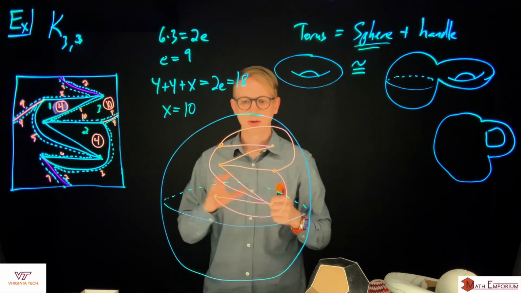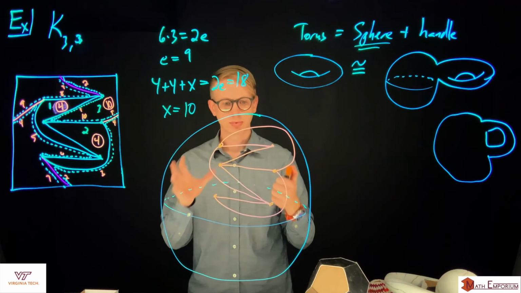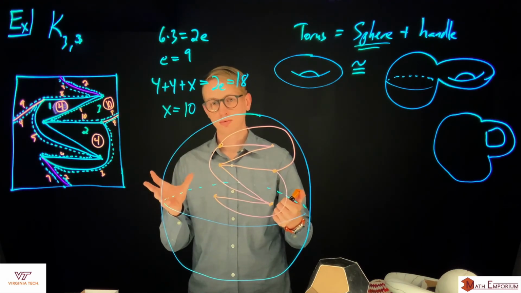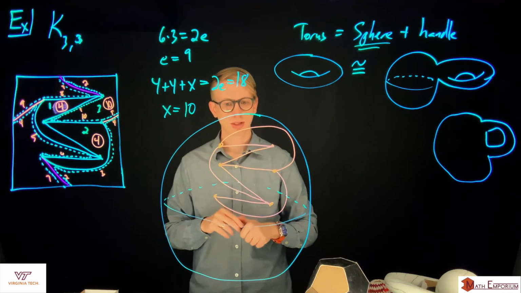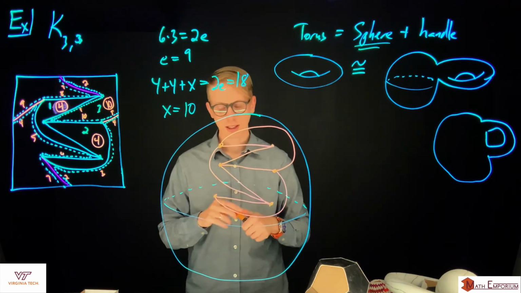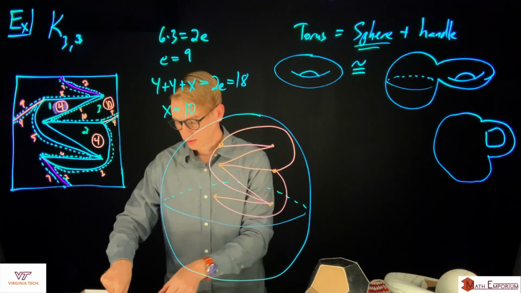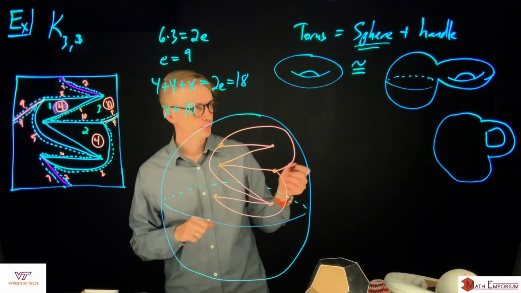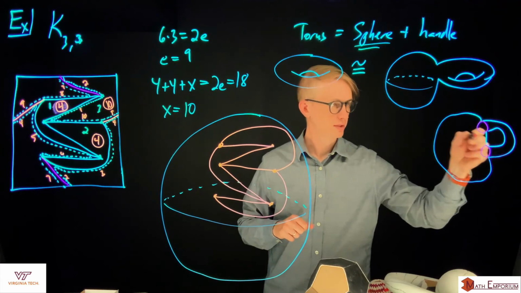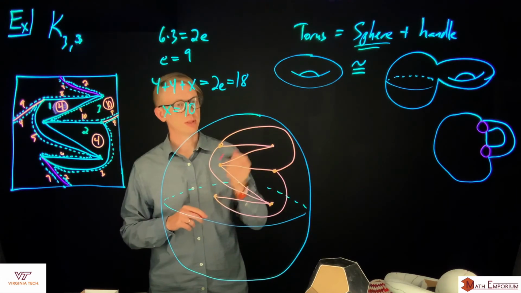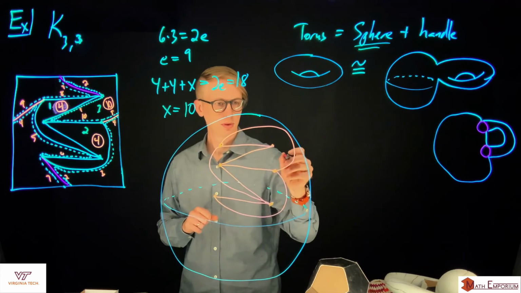What I'm doing here is I'm saying, okay, let's think about this as a problem that we're trying to solve, and we came into an issue where we can't draw this thing on a sphere, but we're going to add a handle. Okay, so my handle, think of it right here, the attachment points are going to be these purplish circles.